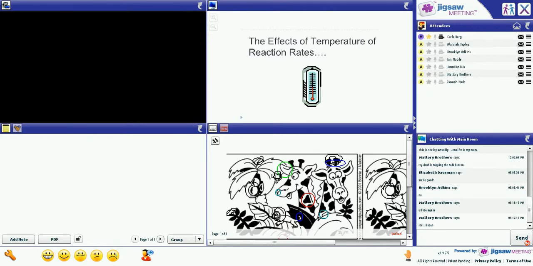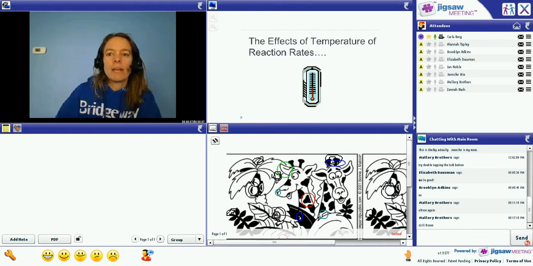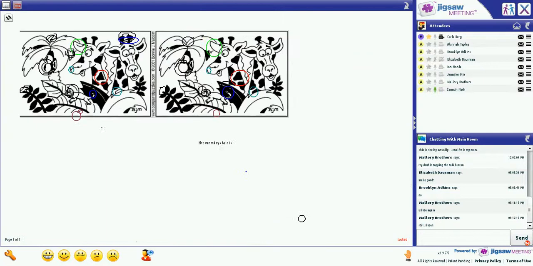Four pictures. I'm sorry, I didn't hear that whole thing. Can you repeat that? We're not getting four pictures right now. All we're doing is seeing you and the two giraffes.